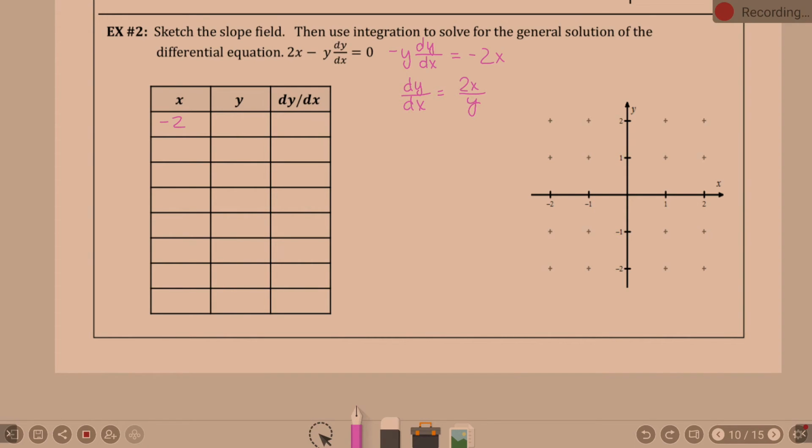Negative 2, what's that first point up there? Negative 2. Well, where are we plugging those values into? 2x over y. So 2 times negative 2 divided by negative 2 is going to be what? 2. So my slope at that point will be 2.